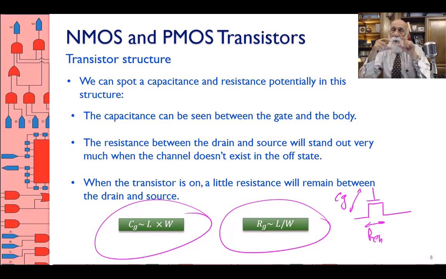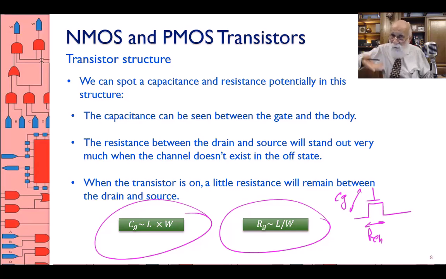My model only has a gate capacitance and an on-channel resistance. That's it. So when I talk about the model, this is what I mean. I could make it far more complex, but for logic circuits, this is good enough. This is actually way too much.